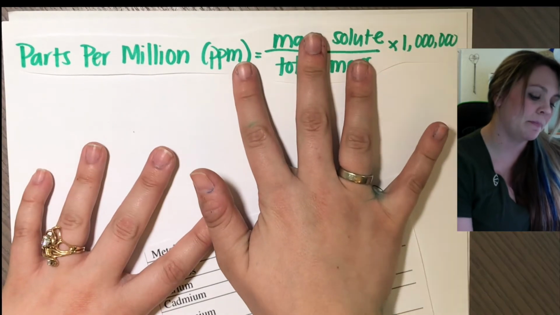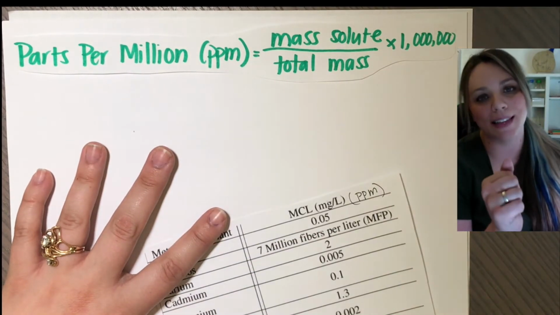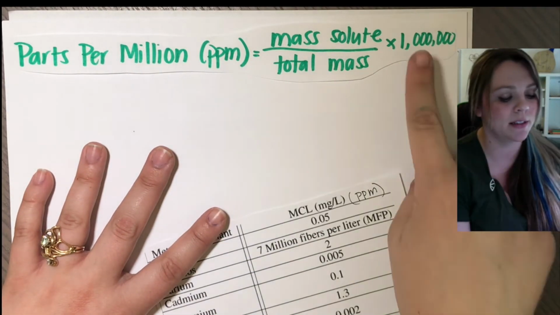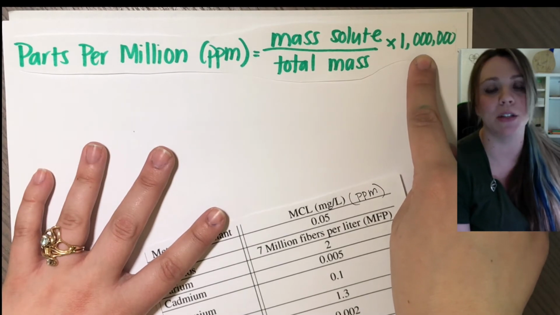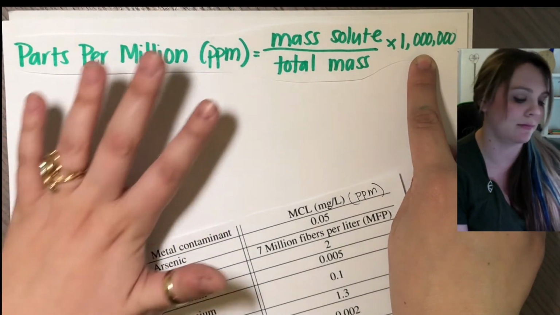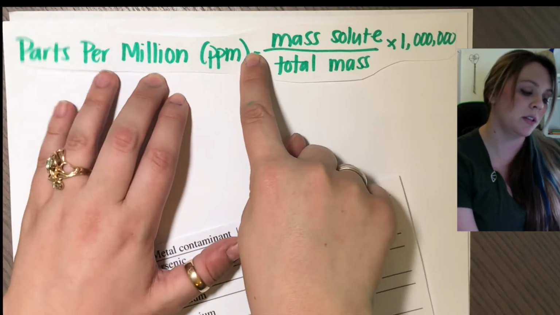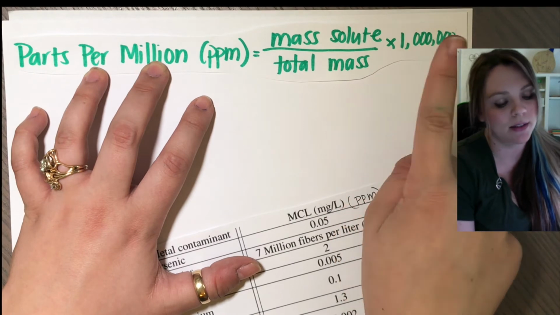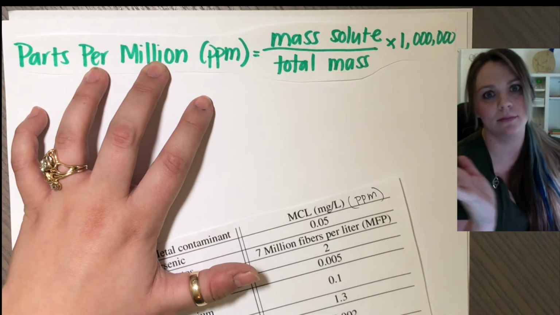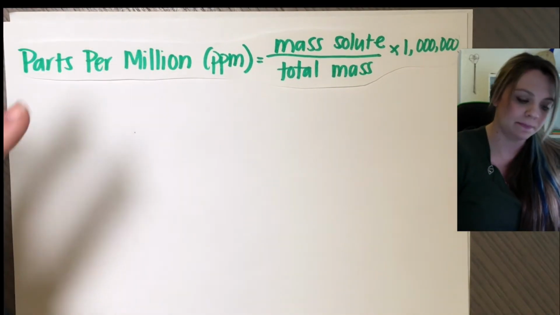All right, parts per million is almost the exact same as mass percent, except it's per million. So instead of multiplying by 100, I just multiply by a million. That's really easy, okay? So you still just take the mass of your solute, divide it by your total mass, multiply by a million. Easy, okay?